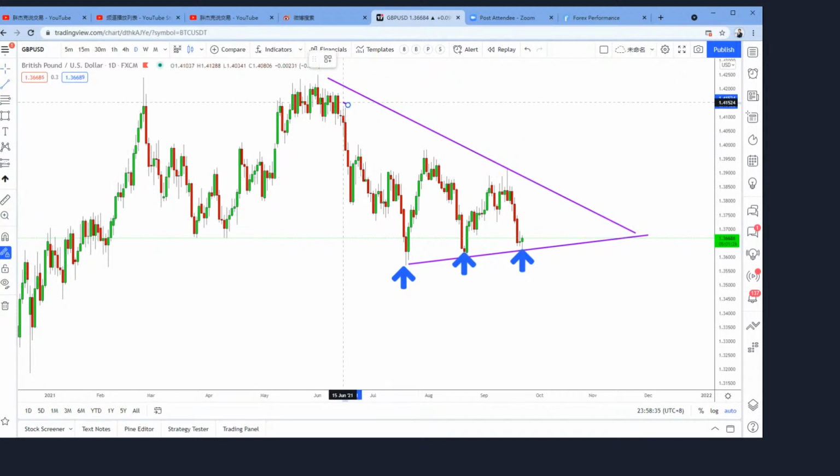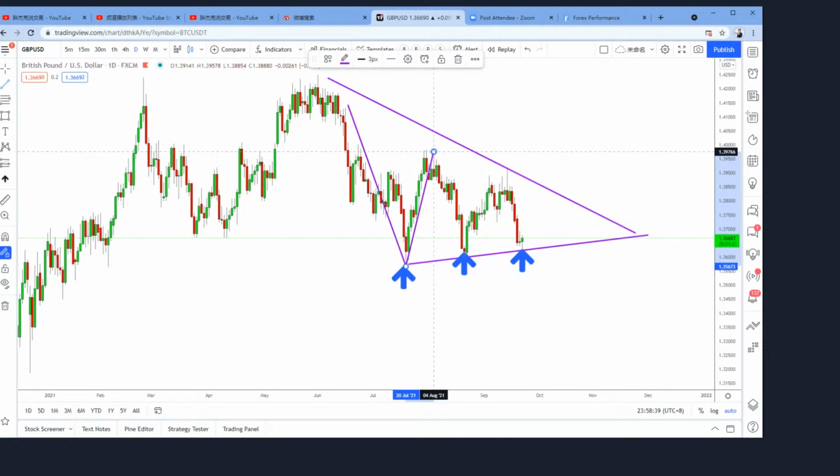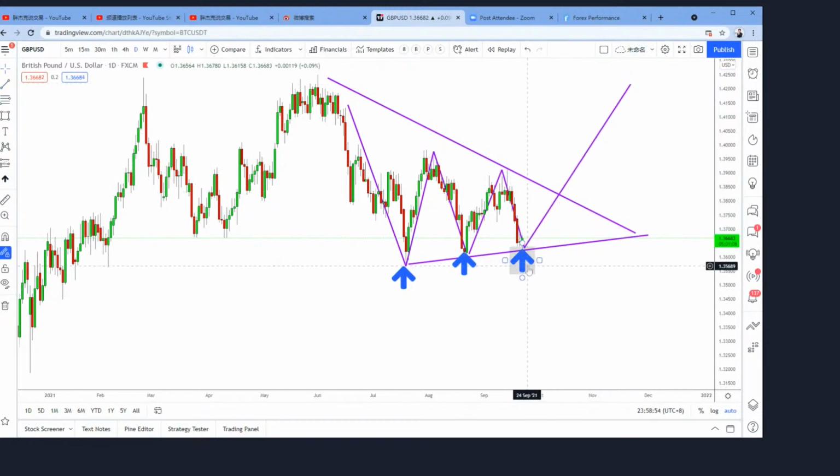The wave comes like this: wave down, wave up. The second wave cannot break a new low, the third wave cannot break a new low, and it has to have another rally. Since it's a big triangle consolidation, the rally may break up. So I will be interested to buy sterling if 1.36 holds.